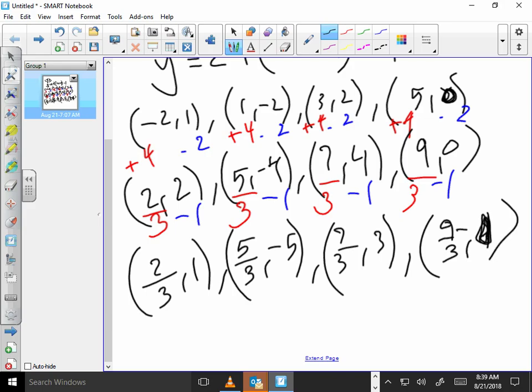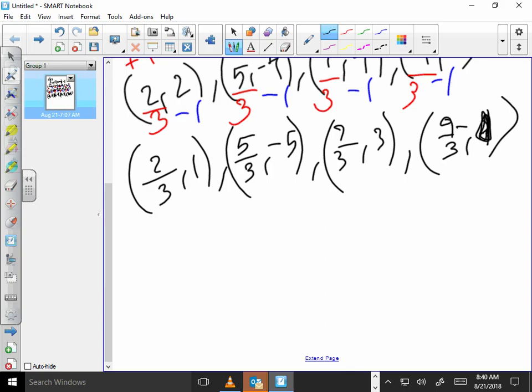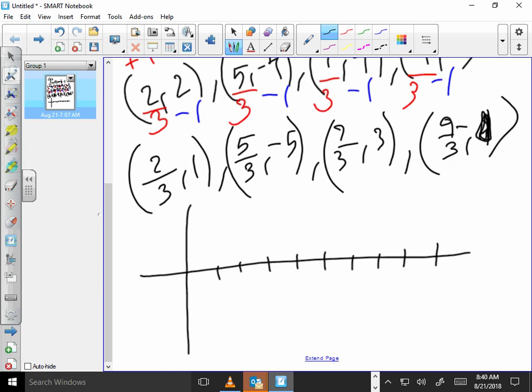I left this as 9/3 because I think on my graph scale, 1/3 would make my life easiest. And this might be a situation where I would use little hash marks to delineate these. So here's (2/3, 1), 3, 4, (5/3, -5).